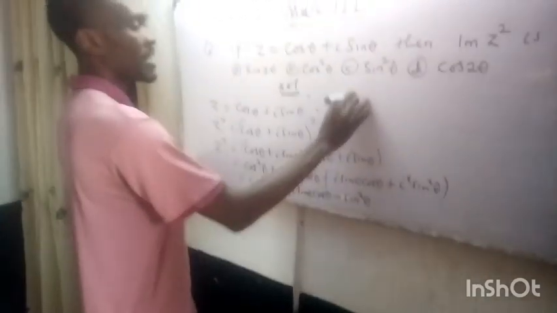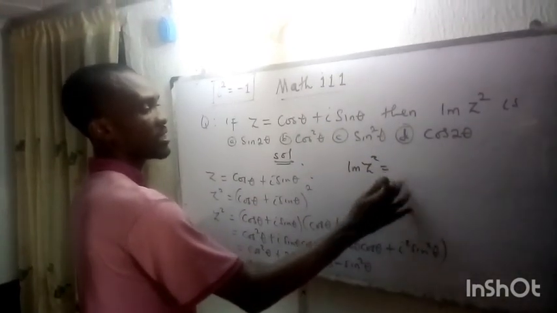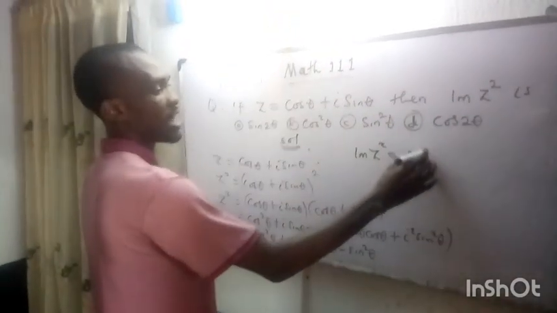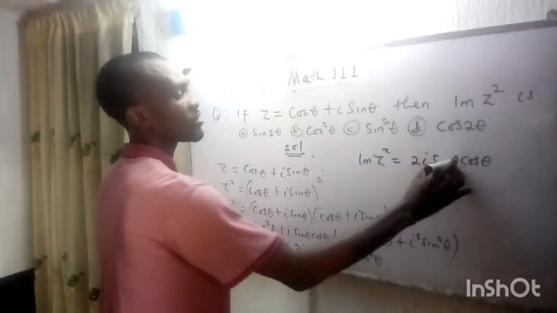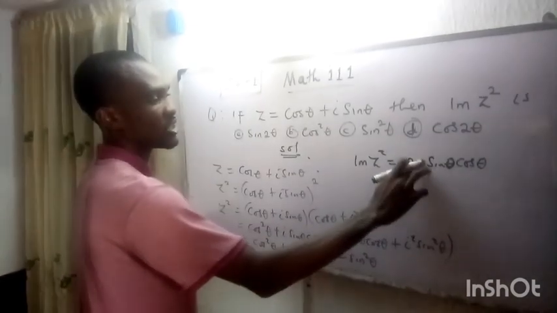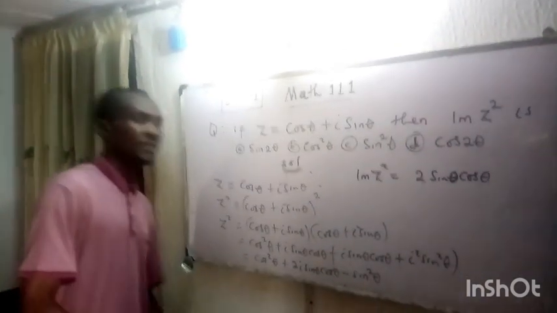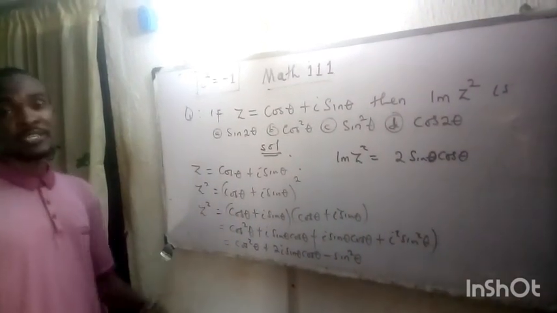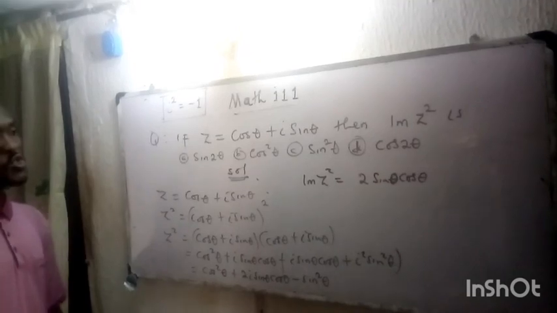So the imaginary part of z squared is 2i sin theta cos theta, which is actually the imaginary part. So we can just remove the imaginary number. So this is actually the imaginary part, which should be our solution.